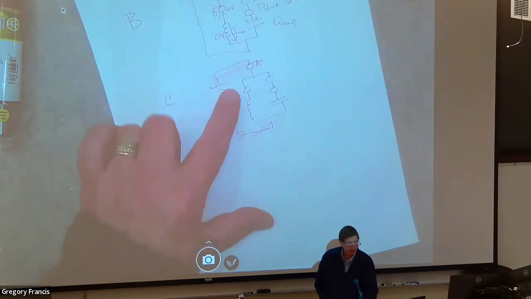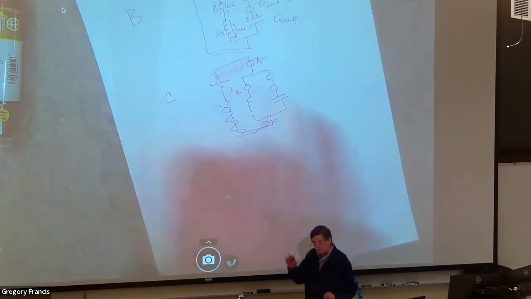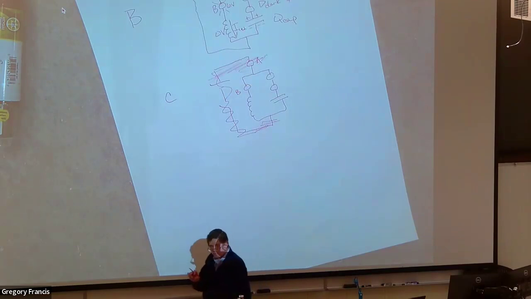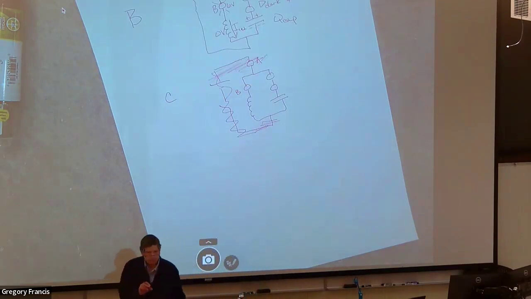B can't change because it was in series with the inductor. And it's not that B couldn't change if it was put somewhere else, but because the inductor current can't change and B's getting exactly the same current, they're right in line, in series with each other. That one can't change. If it was 6 volts before, it's still 6 volts.